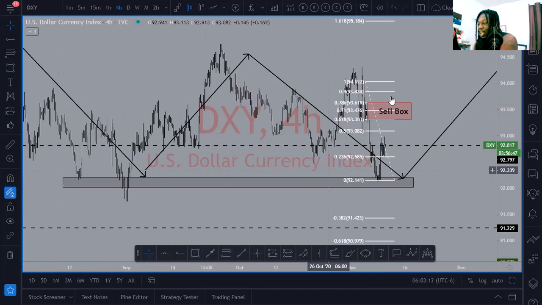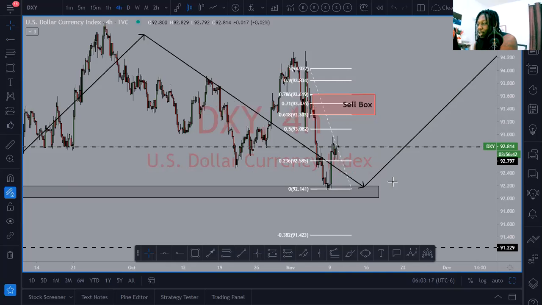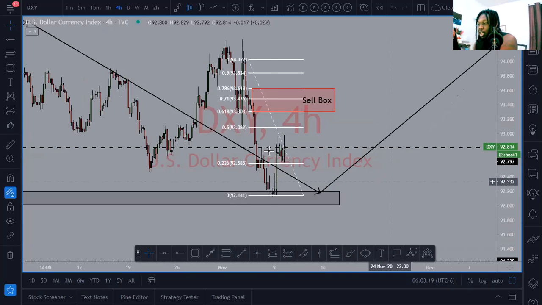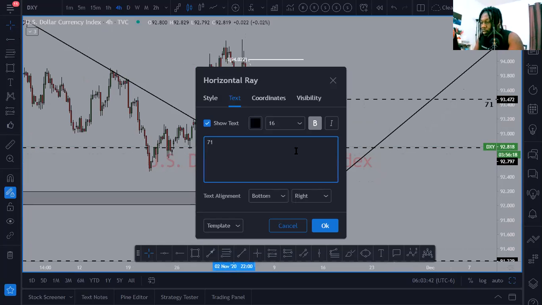But again, like I mentioned, this could be a W pattern that's playing out on the daily time frame, and I do see the bullish engulfing move right here. So I'm going to mark off this area right here and put this as the 71% fib from the bearish move.